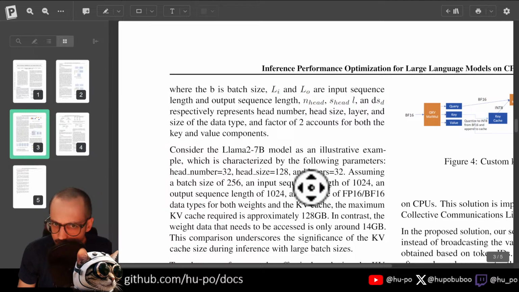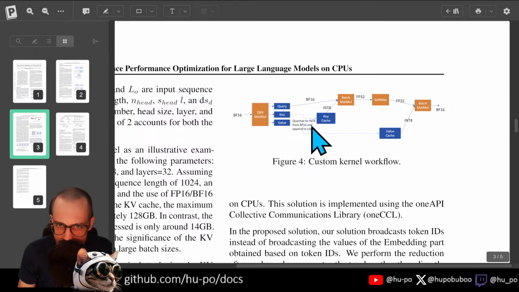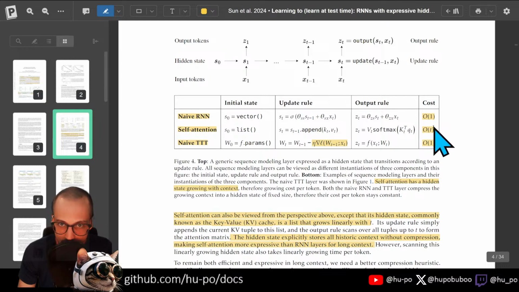But I think they do something fancy here with quantization. You can see here that the query stays at BF16, the brain float 16, which is just a fancy type of float 16. But the key and the values are being quantized into int8, so that this key cache here, this KV cache, which is ultimately what's determining this O of T here, right?